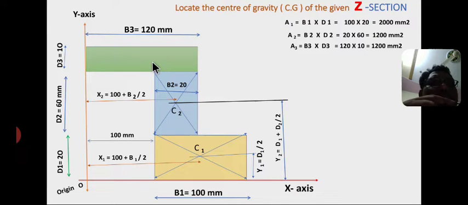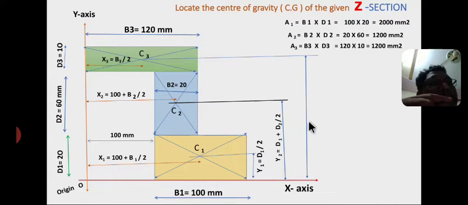Now I am drawing the diagonals for the third rectangle. C3 is the centroid of the third rectangle at a distance of x3 from the y-axis and y3 from the x-axis. Here x3 equals base 3 by 2.